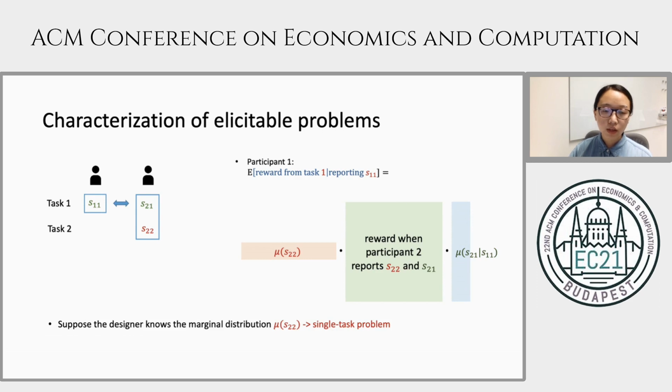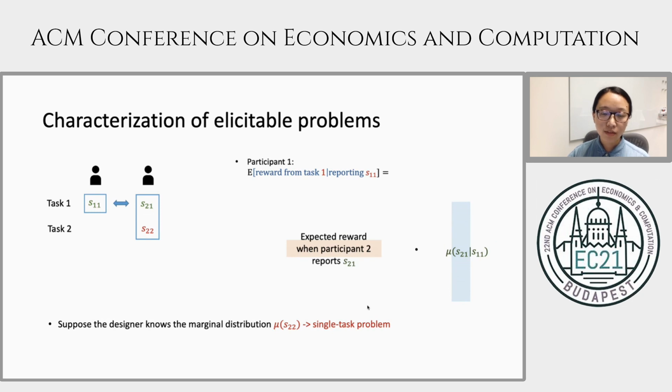The key observation that gives our characterization is that, suppose the designer knows the marginal distribution μ_{S22}, which is just the vector on the left. Then this multitask problem can be reduced to a single task problem. This is because if we know the distribution μ_{S22}, then we can directly multiply μ_{S22} and the matrix in the middle.